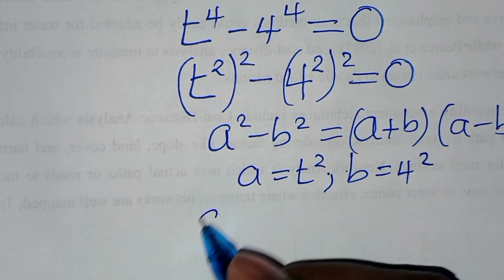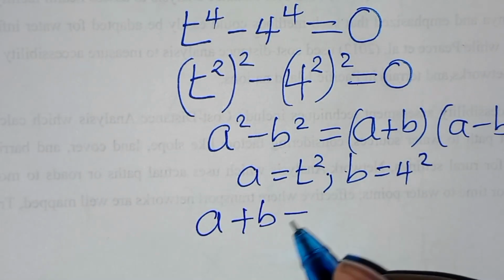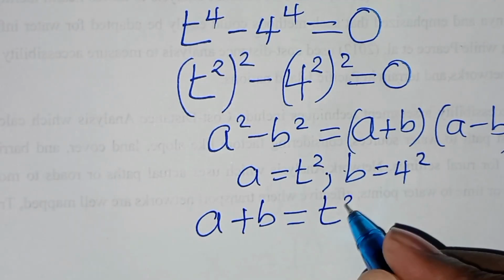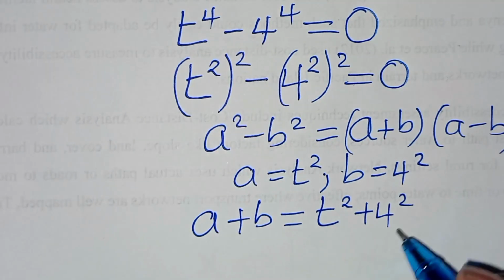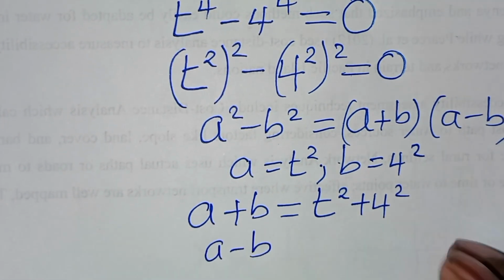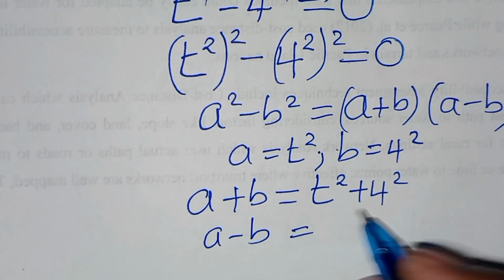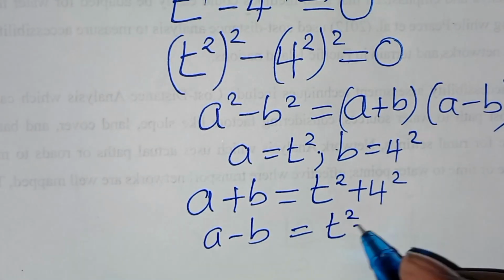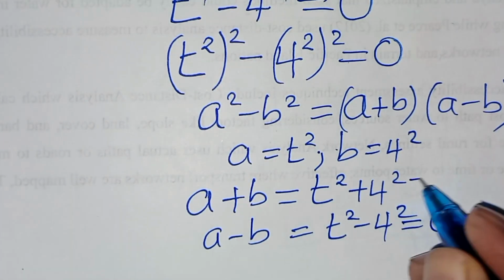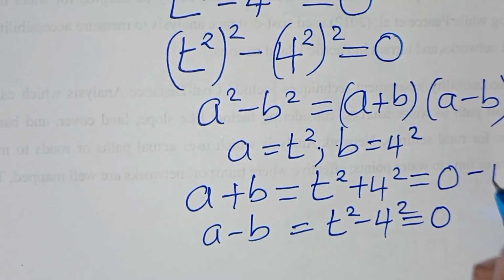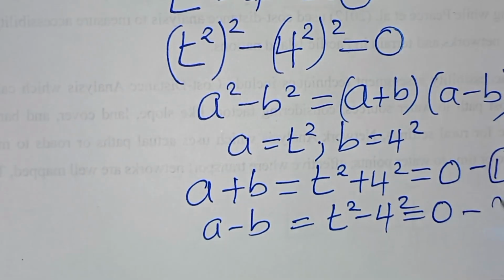So this implies that a plus b is the same thing as t squared plus 4 squared, and a minus b is the same thing as t squared minus 4 squared. Now this is equal to 0 and this is equal to 0. Let's call this equation 1 and this equation 2.